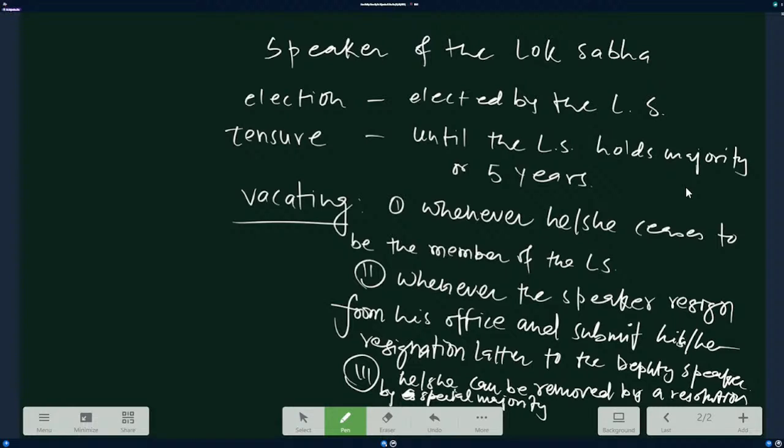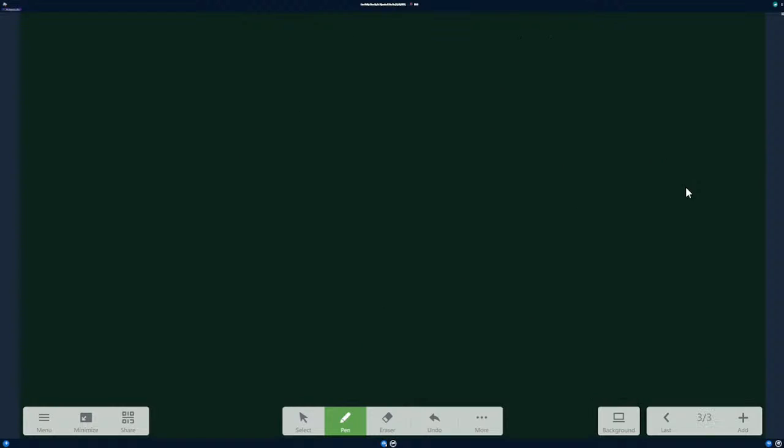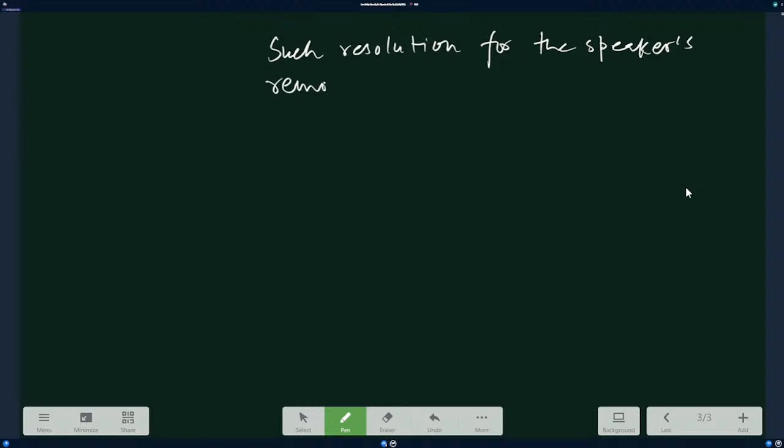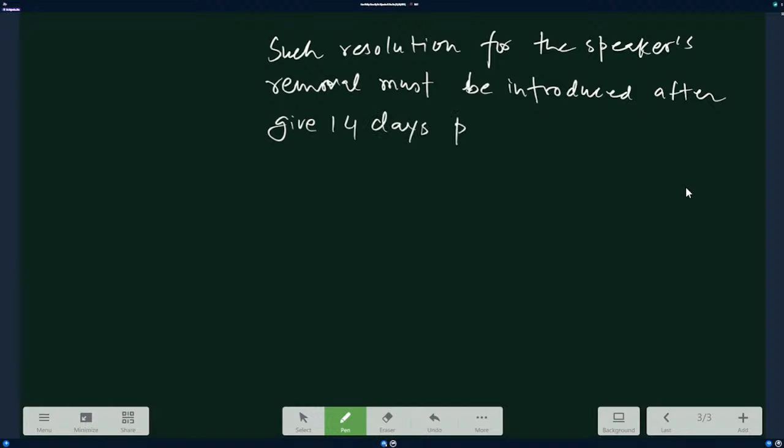Such a resolution for the speaker's removal must be introduced after giving 14 days' prior notice to the speaker. Fine.